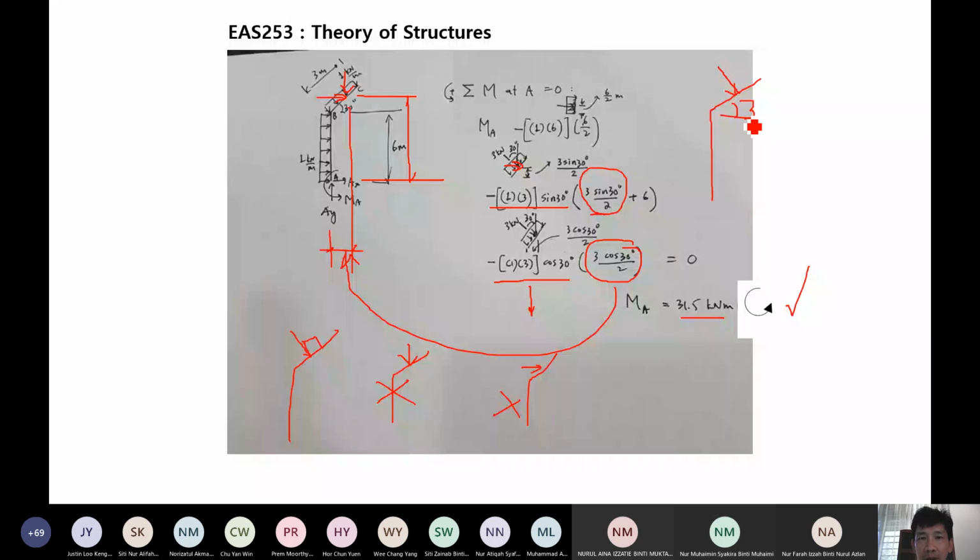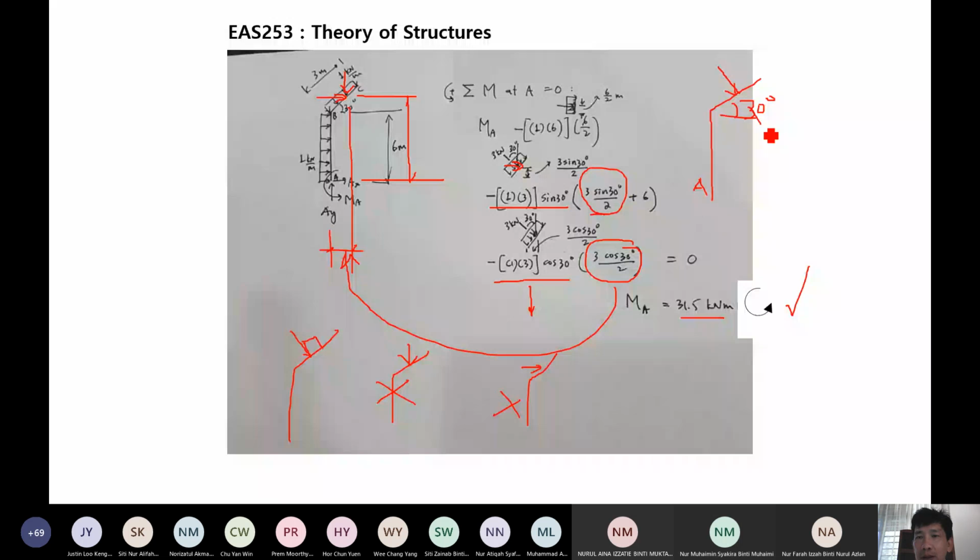One way to find moment is to use the moment caused by the components. But if you go back to the basic, if you want to take moment at point A, you can also find the perpendicular distance in this way.